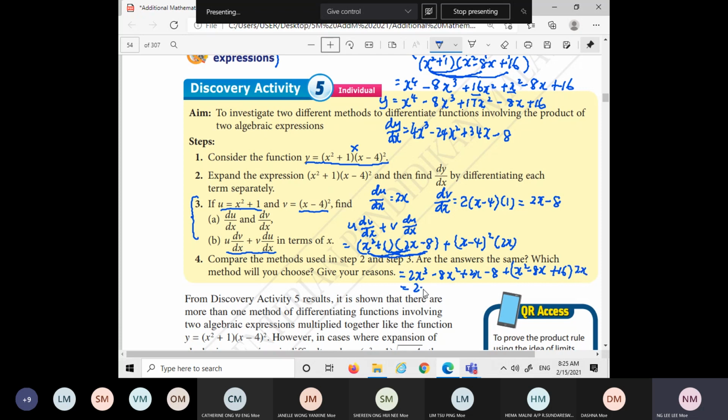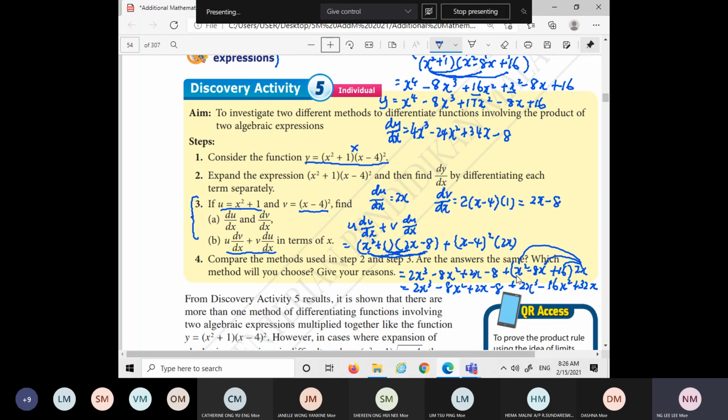So this one, I can't do anything, so I copy down. Then this one term by term, expand it. So 2x to power 3, 16, x to power 2, and then lastly 32x.